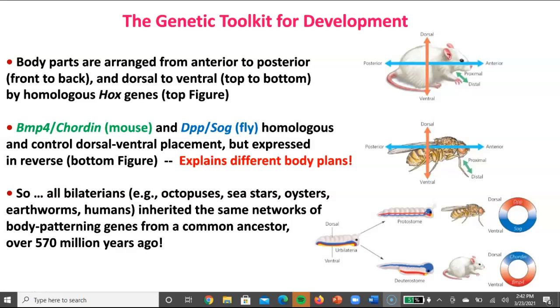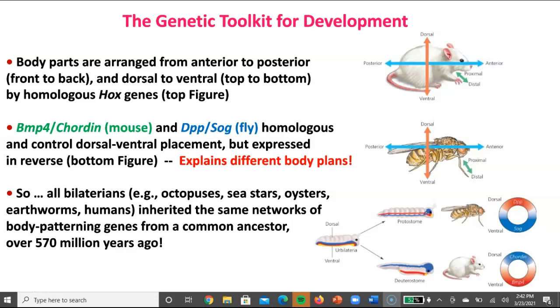But anyway, in the fruit fly, DPP is the homolog to BUMP4 in the mouse, and SOG is the homolog to chordin in the mouse. Okay, so that's establishing the homologs. And these genes, these homologous genes, control the dorsal to ventral placement of body parts.